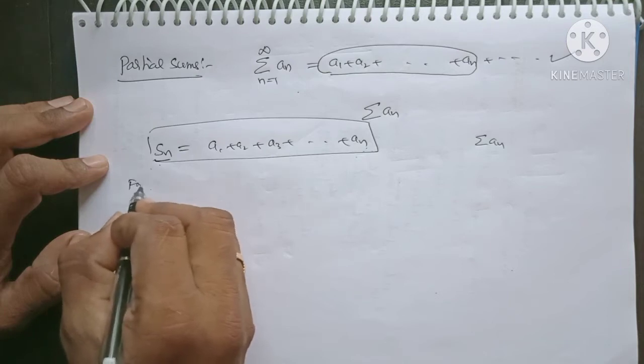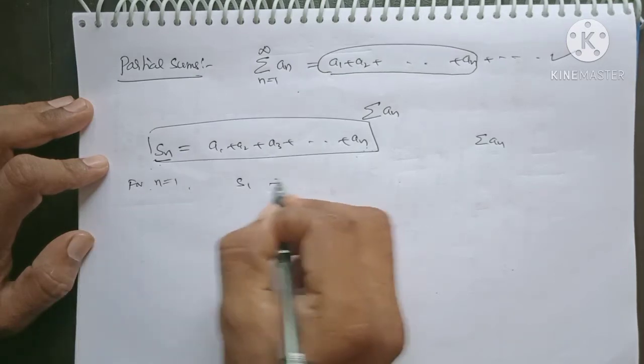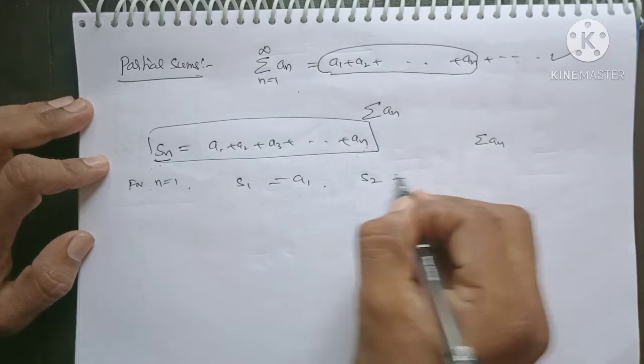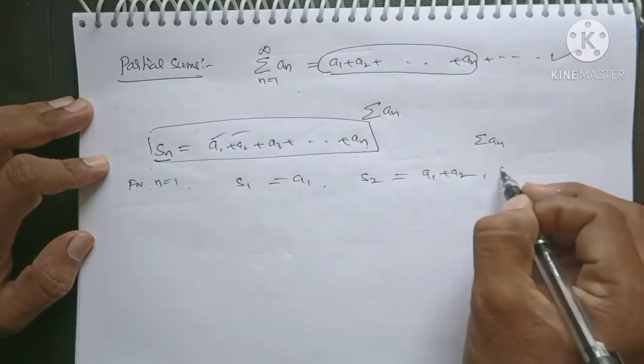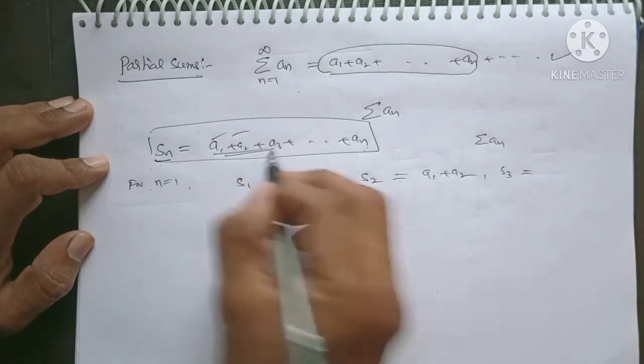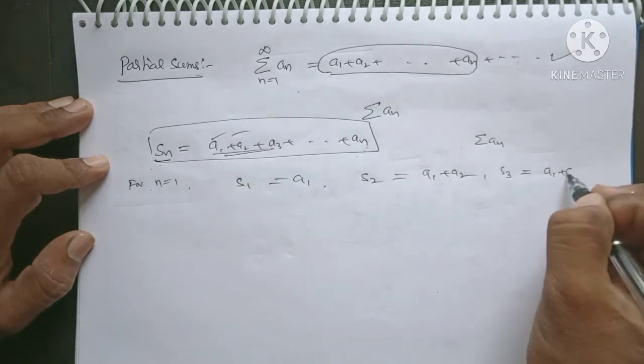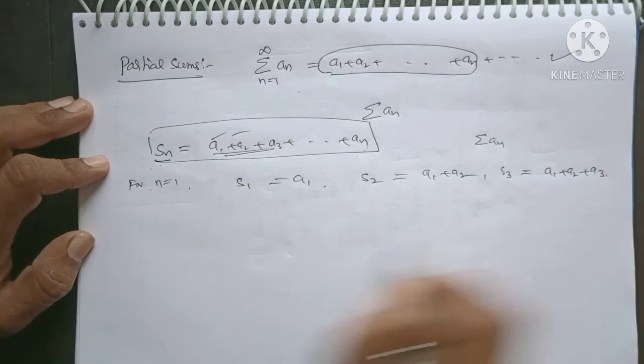For n is equal to 1, we get S1 is a1. S2 means sum of first two terms, a1 plus a2. S3 means sum of first three terms, a1 plus a2 plus a3.